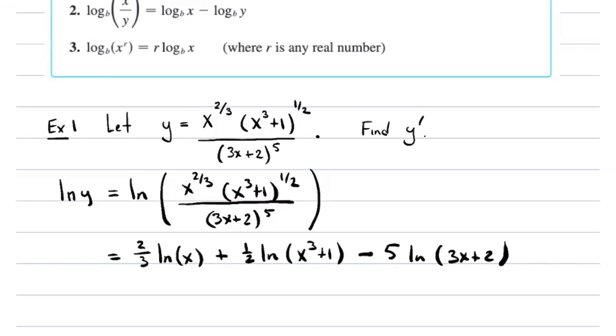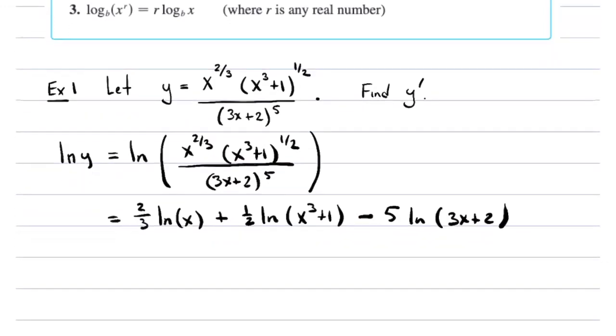Now we differentiate implicitly. I'll take the derivative of both sides with respect to x. On the left-hand side, the derivative of the logarithm is 1 over y times dy/dx, chain rule. And on the right-hand side, I just have a bunch of logarithm derivatives. So I've got 2/3 times the derivative of the natural log, that's 1 over x.